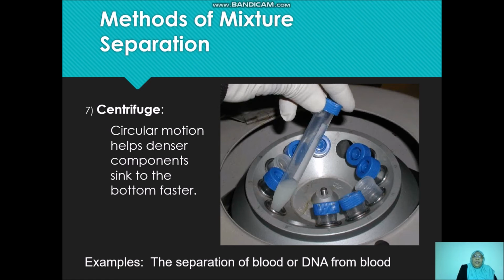To separate the sediment or precipitate from the filtrate or liquid, you apply a centrifuge. It will rotate very fast, and finally the blood will separate into two layers. The first layer is the sediment or precipitate, and the other is the liquid above.